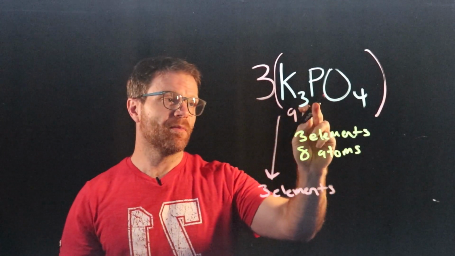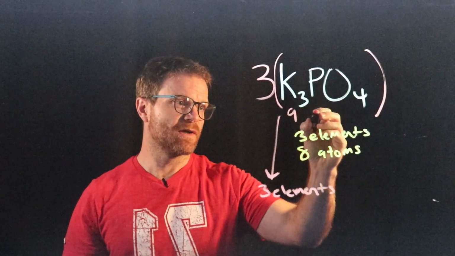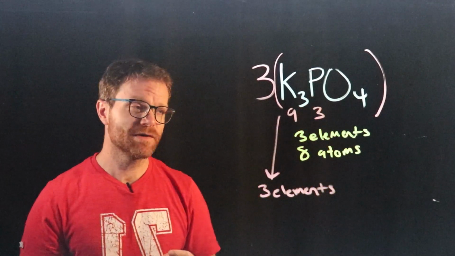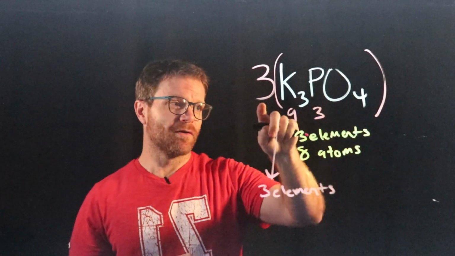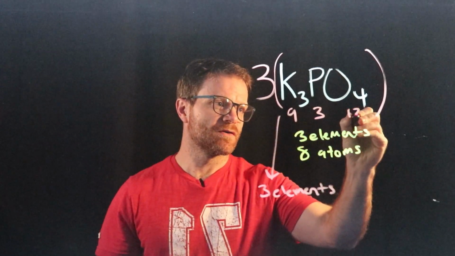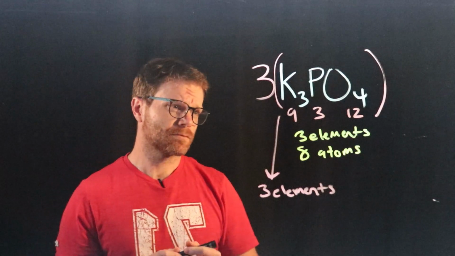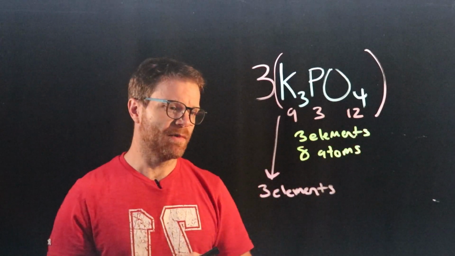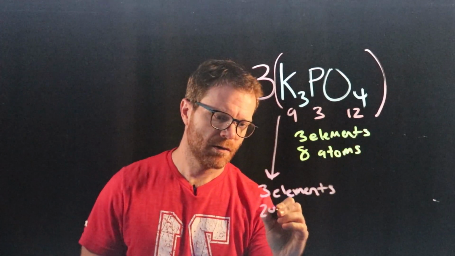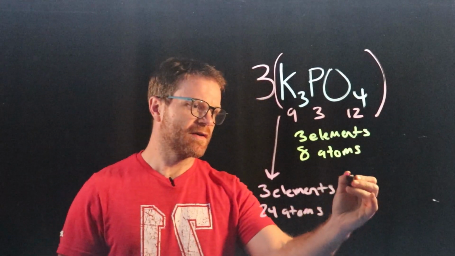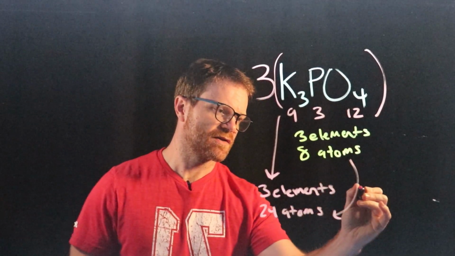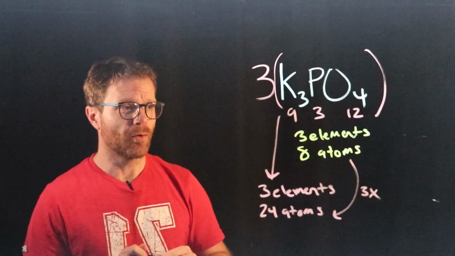So if we have 3 molecules with 1 phosphorus apiece, we only have 3 phosphorus atoms. And then if we have 4 oxygens per molecule, and there are 3 of them, that's 3 times 4, a total of 12 oxygens. If we just add these up, we basically get 24. 24 different atoms. And you'll know that the difference between these two is this is just 3 times more.